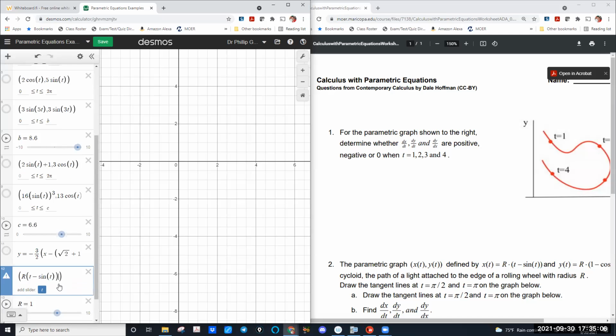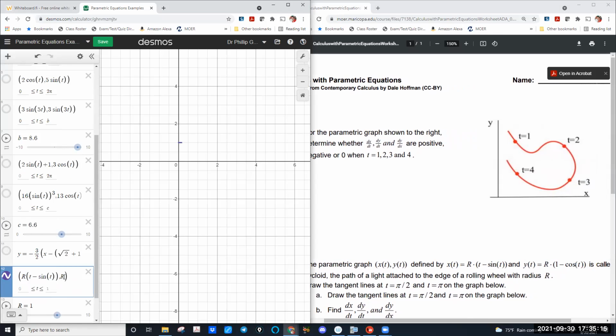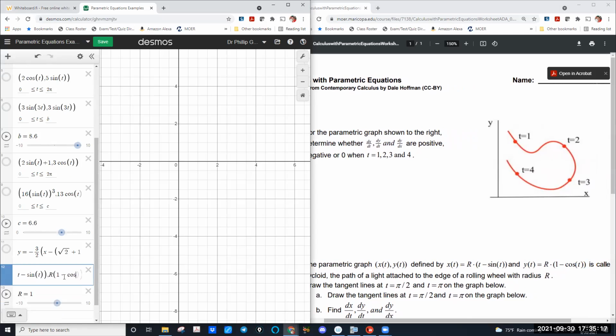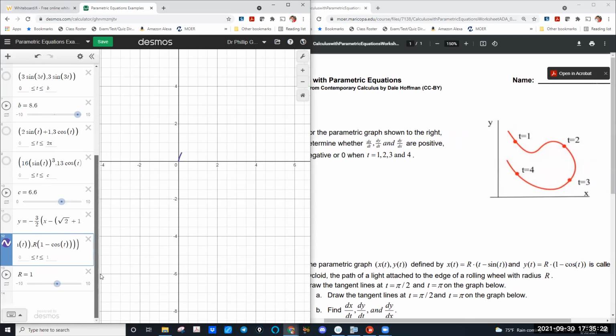And comma, R times 1 minus cosine of t. And that's the beginning of our cycloid. And you can kind of see what happens as R gets bigger and smaller. Let's get some size here and do step one. Let's start this way and start at 0.